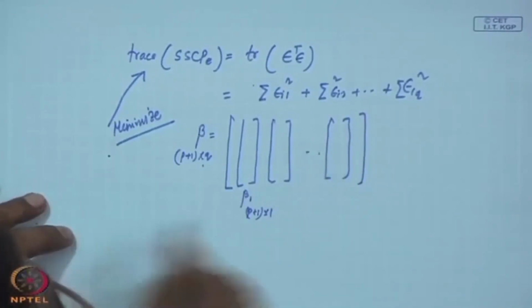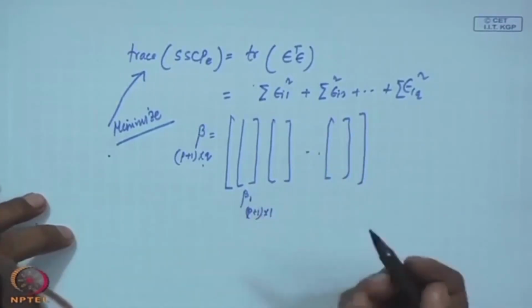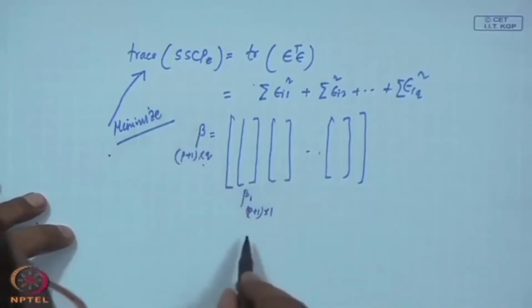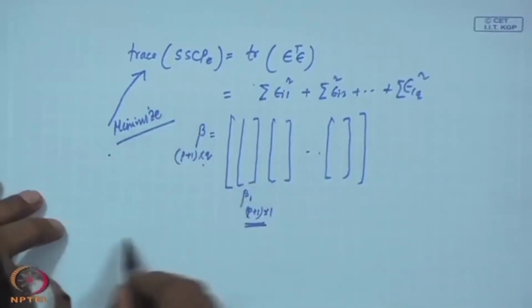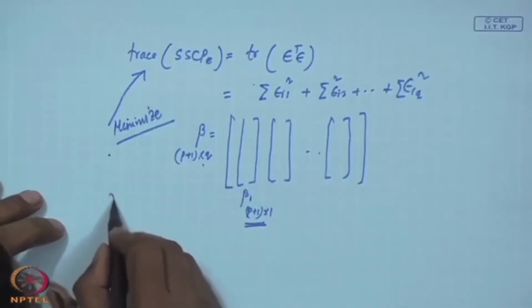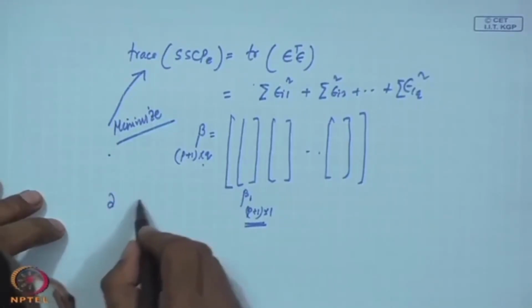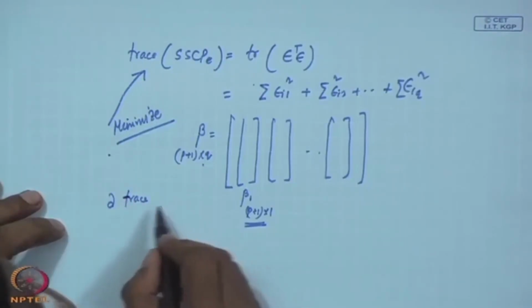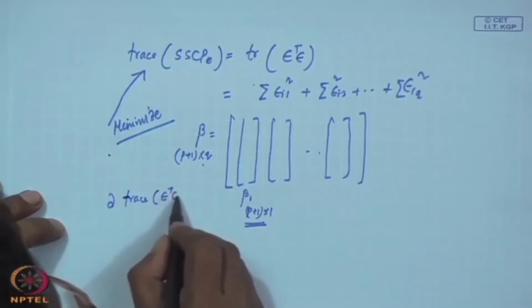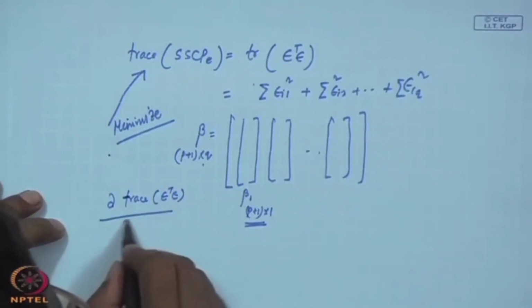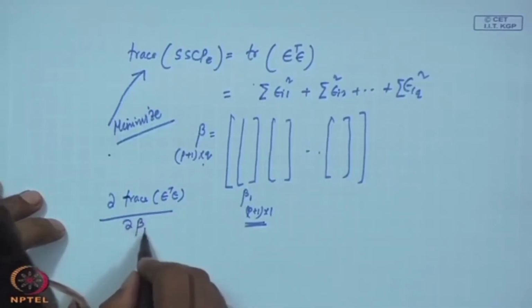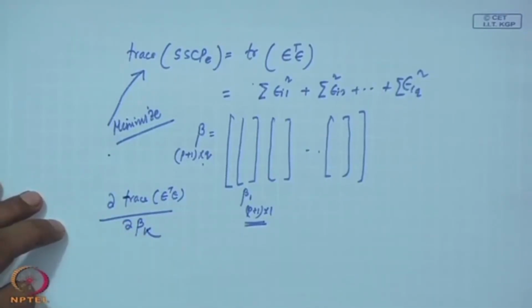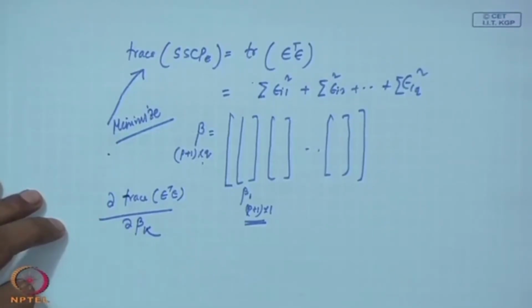Getting me? So what do we require? We require that we will find out the derivative of trace of this with respect to particular beta. Getting me?